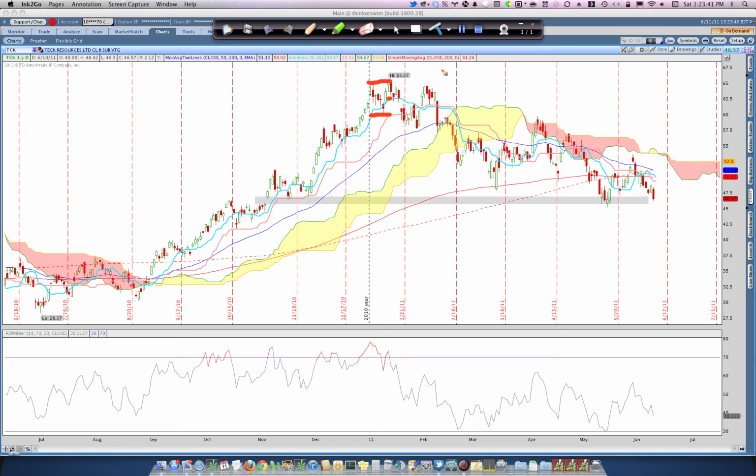The Kinjun for this candle, the point that's plotted here, is simply 26 periods behind.